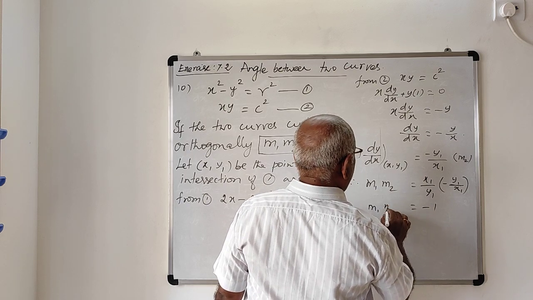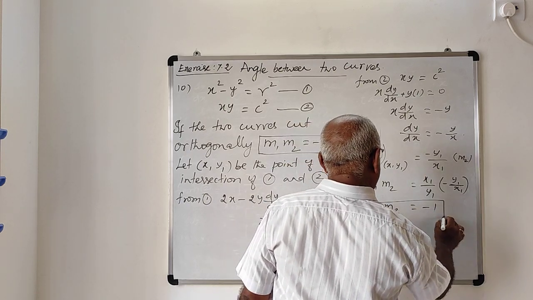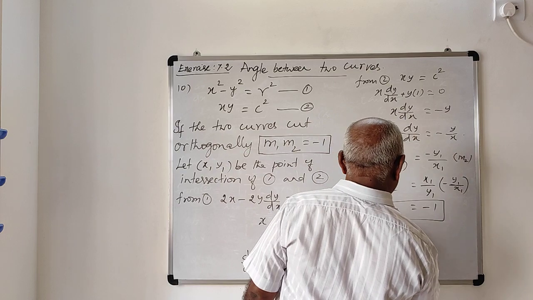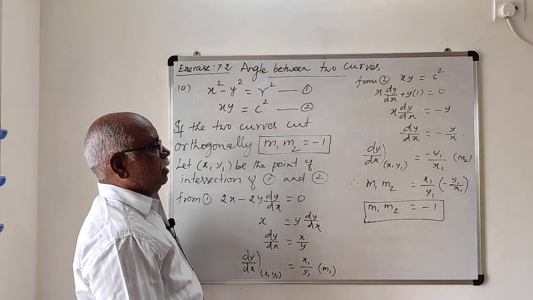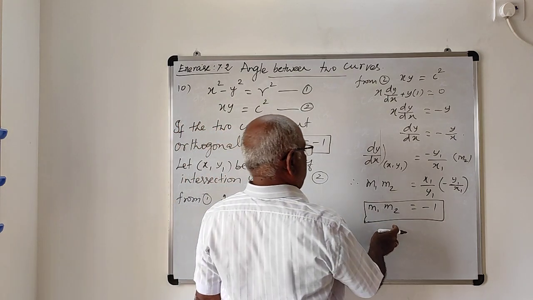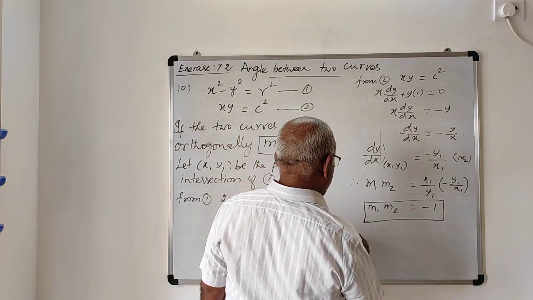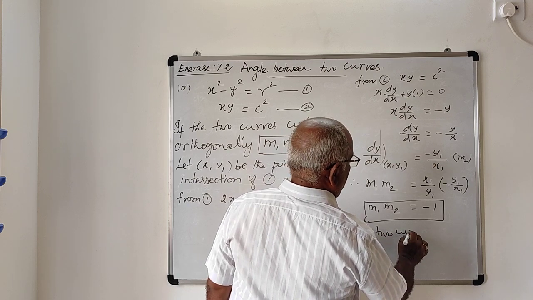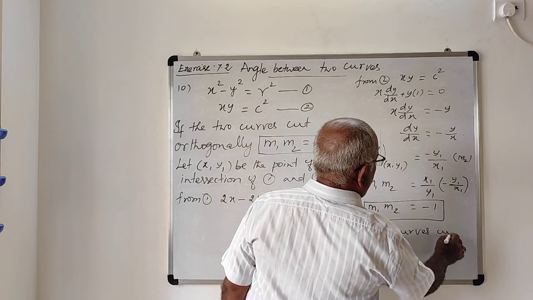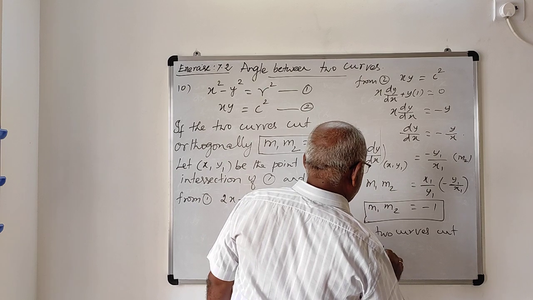Therefore, m1 into m2 equal to minus 1. So we derive that since the product of the slopes is minus 1, the two curves cut orthogonally.